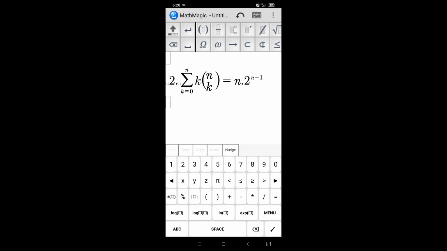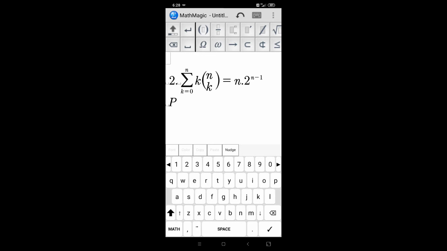So this is the second identity we have to prove. Here the k is there in front of the combination. So now let us prove.